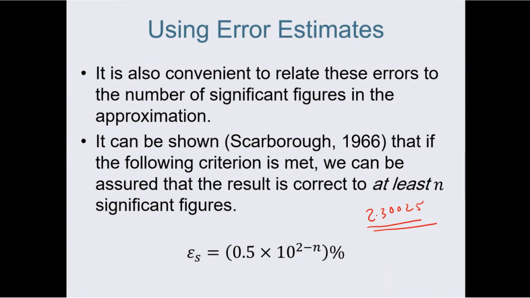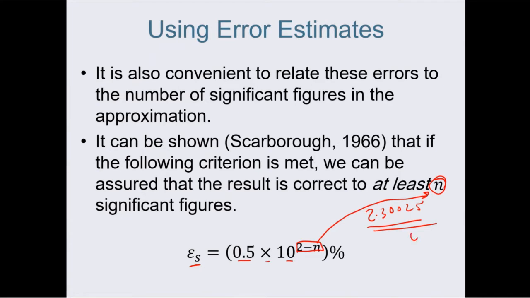And it can be shown, according to this paper written by Scarborough in 1966, that if the following criterion is met, then we can be assured that the result is correct up to n significant figures, which is if you use the stopping criteria of 0.5 multiplied by 10 to the power 2 minus n, where n is the number of significant figures that you want in your answer.